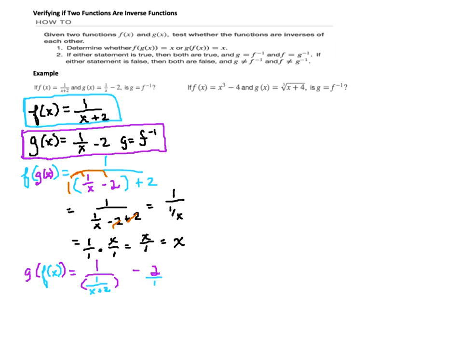And here's the other fraction, 2 over 1. I'm going to take care of that compound fraction first. I never divide fractions. I multiply by the reciprocal, so this is the same thing as 1 times the reciprocal, x plus 2 over 1, and then that's minus 2. Well, 1 times x plus 2 over 1 is just x plus 2, and then I have minus 2. X plus 2 minus 2 is just x.